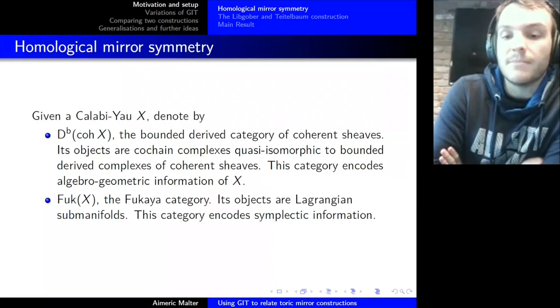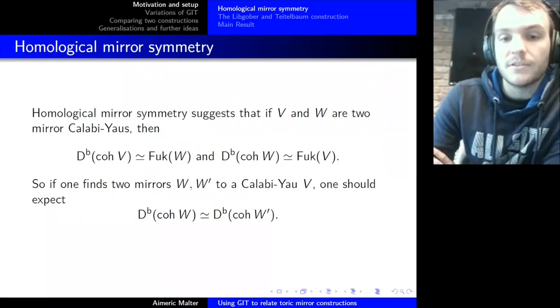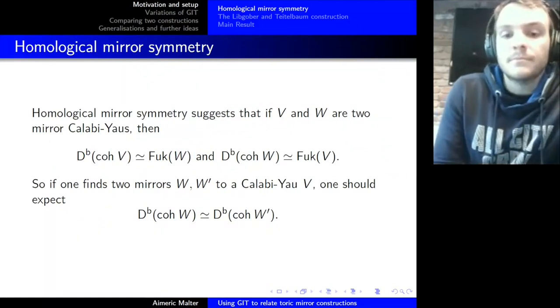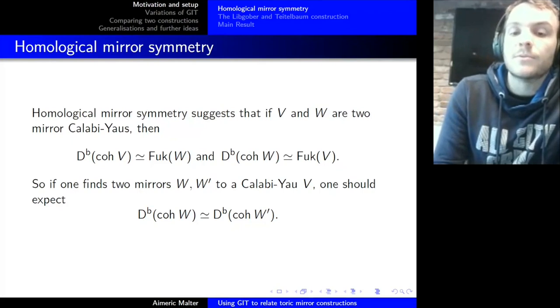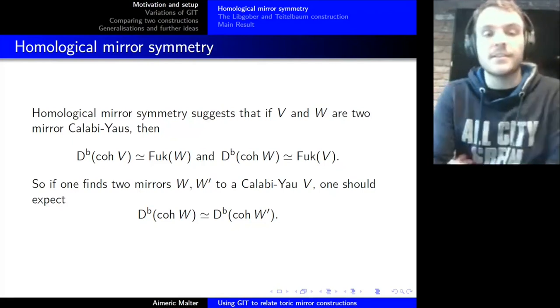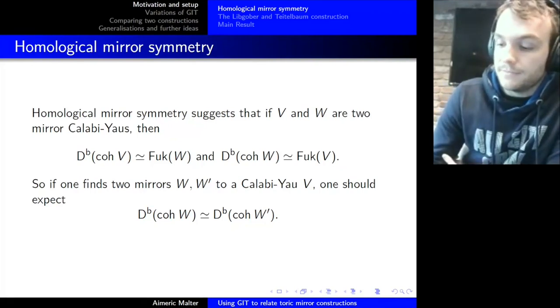That's Lagrangian submanifolds, and it should contain all the symplectic information. So Kontsevich conjectured that if you have two dual Calabi-Yaus, V and W, then the derived category on one side is equivalent to the Fukaya category on the other side, and vice versa.